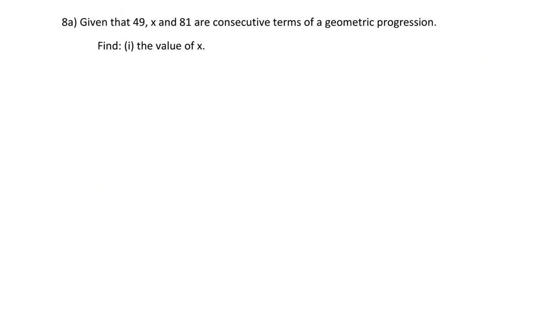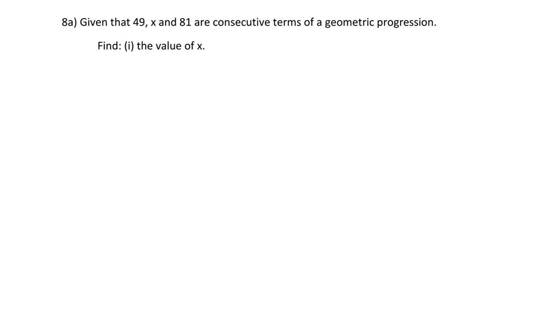Question number 8, part A. Given that 49, x and 81 are consecutive terms on a geometric progression, we are supposed to find for Roman 1 the value of x.